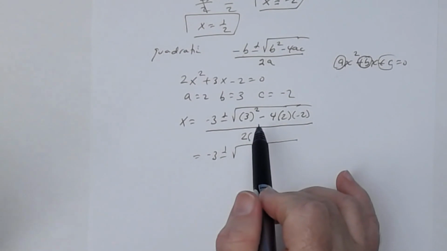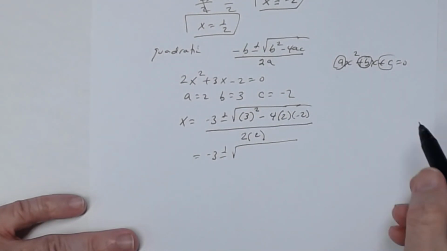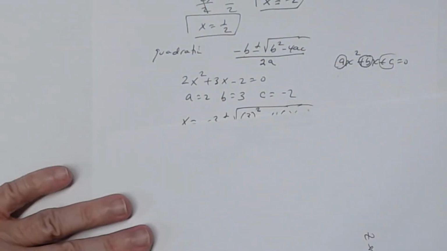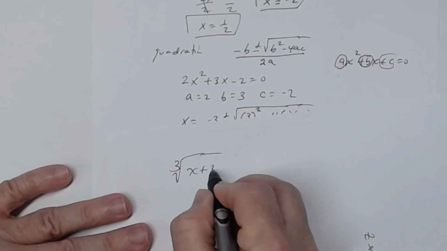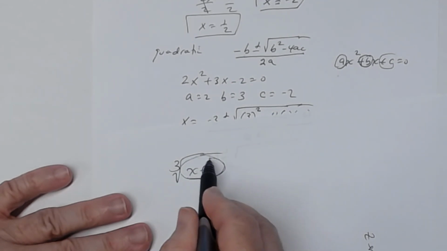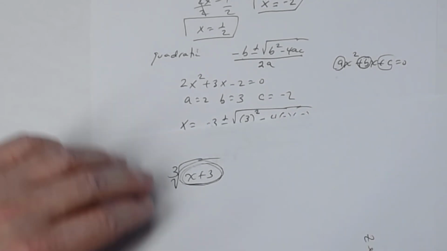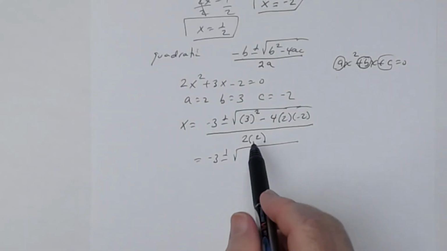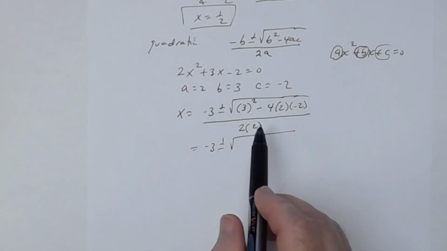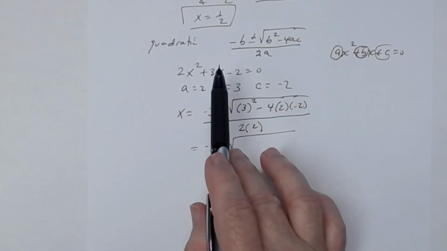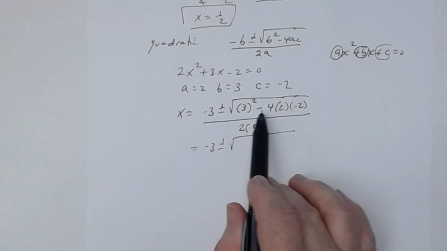In general, if you had, let's say, the cube root of x plus 3, then we call this the radicand. So sometimes you'll hear people call this the radicand, but if it's a quadratic equation, then we normally just call it the discriminant.